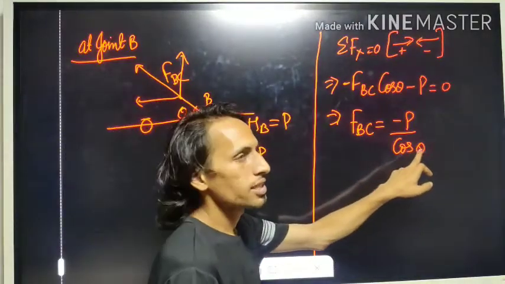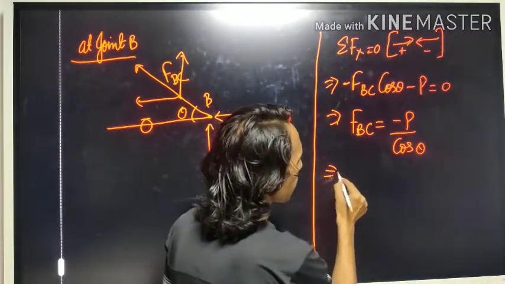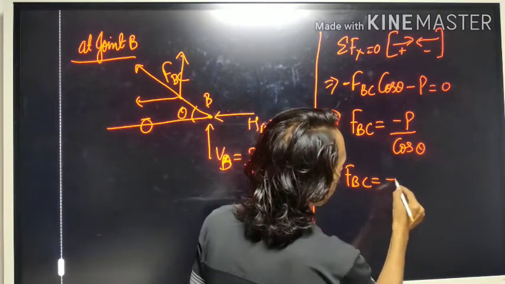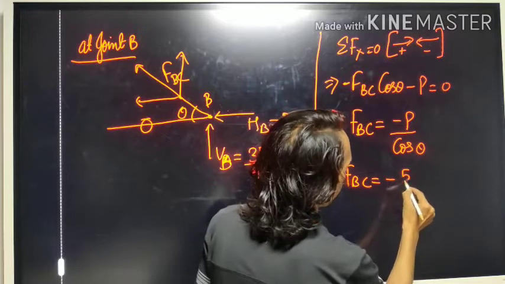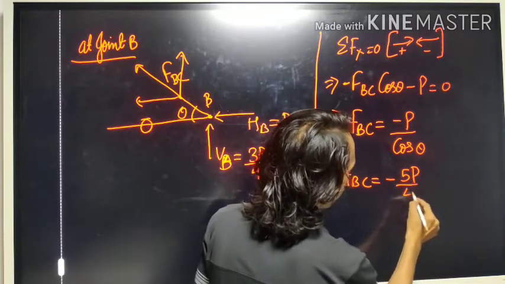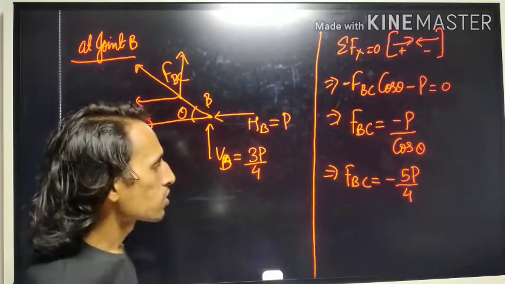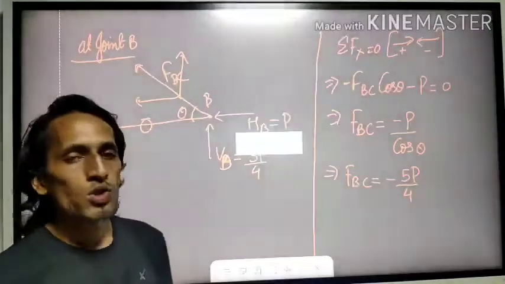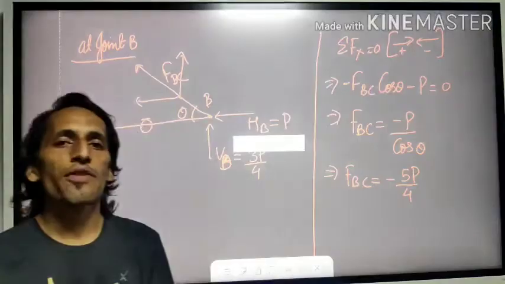So cos theta's value is 4 divided by 5. So FBC will be minus 5p by 4. Okay. So I have calculated another value. Now I have calculated all the values.